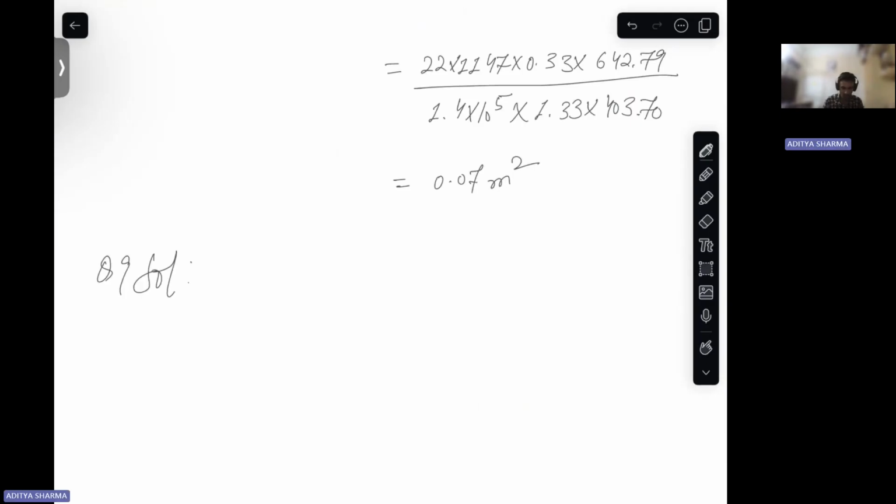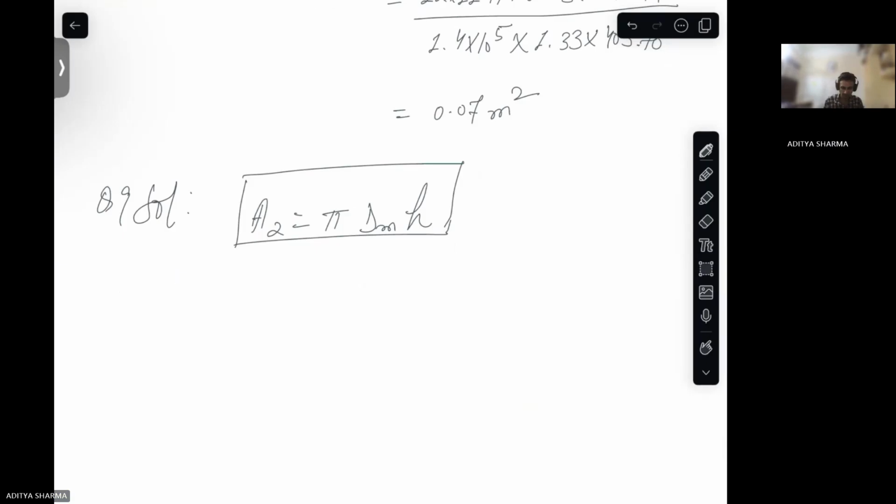Question number 9 solution. A2 is pi dm h. This is your A2. Or 2 pi R h.